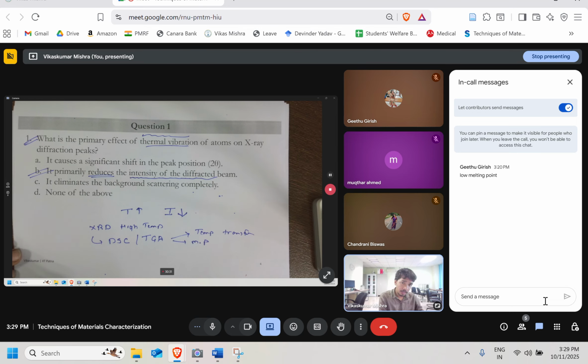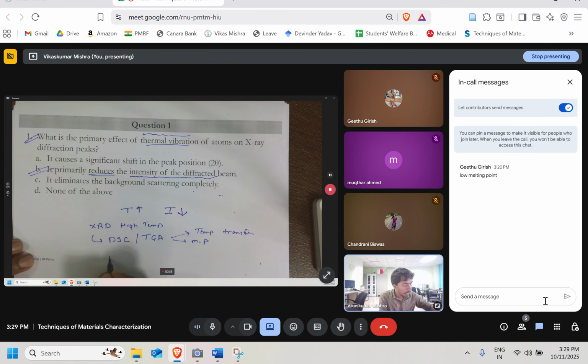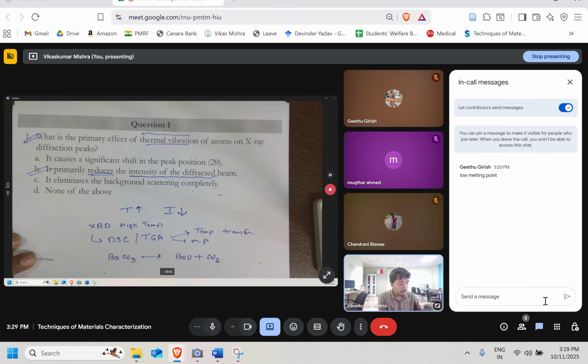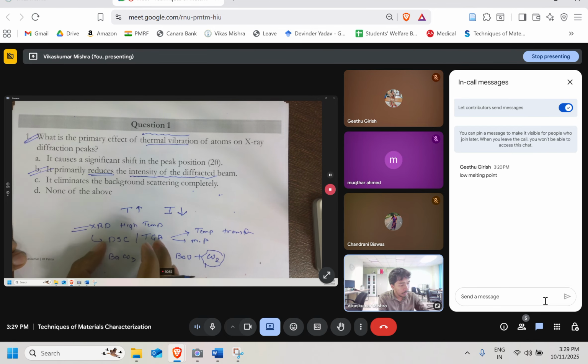Let's say you have barium carbonate and you are heating it; you will convert it to barium oxide and CO2. The XRD operator won't allow you to do this type of measurement because the emission of CO2 is not good for the entire setup. He will ask you for the DSC data, see these things are happening, and directly reject it: we cannot do this because of safety purposes.